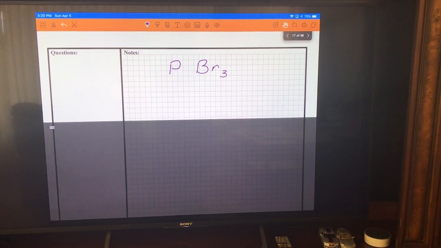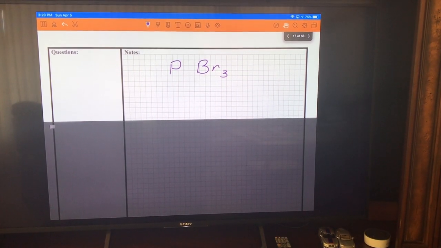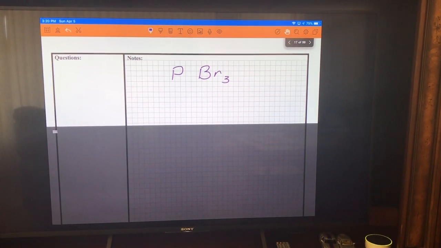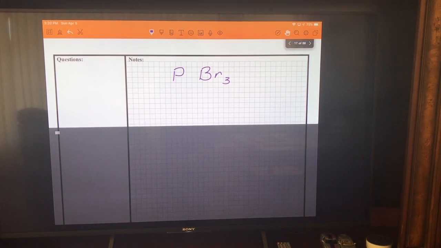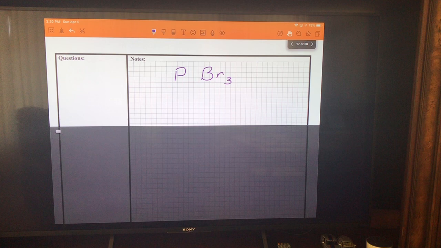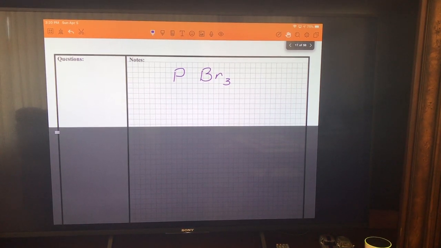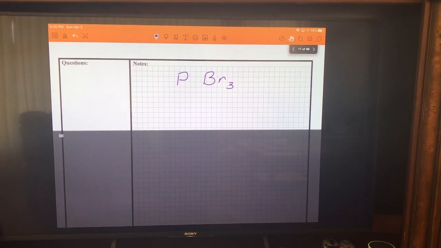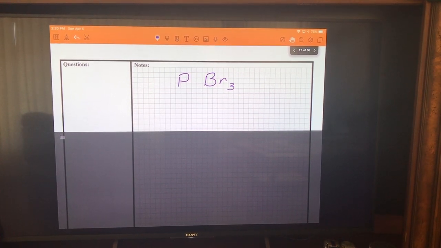So this is perhaps a covalent compound, perhaps an ionic compound. When we look at it, we may not know for sure. We know in this case it is 2 nonmetals, so we suspect that it is a covalent compound, but we're going to use electronegativity to be sure of what type of compound it is.